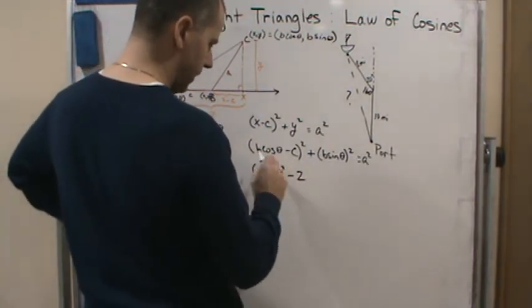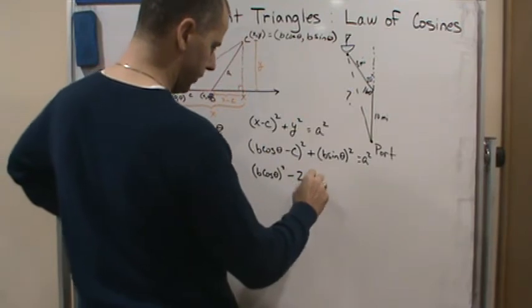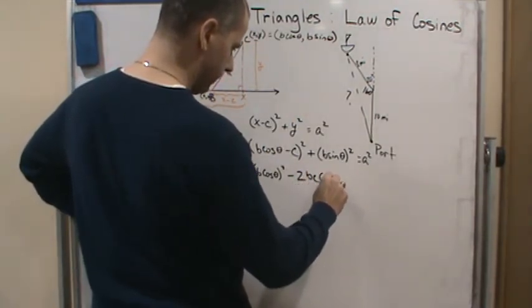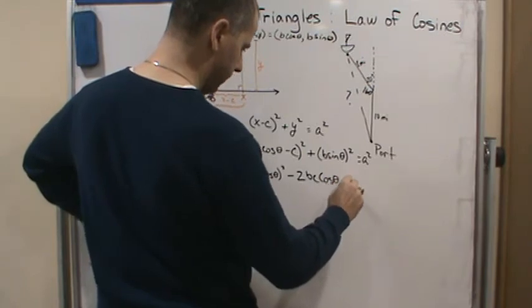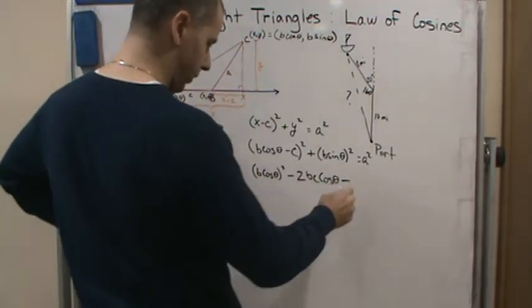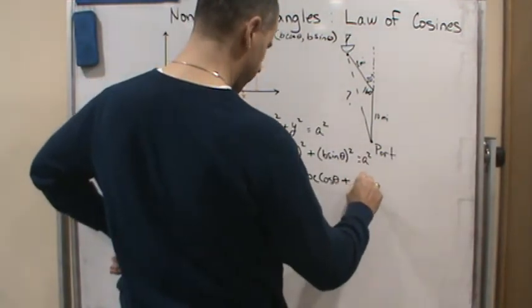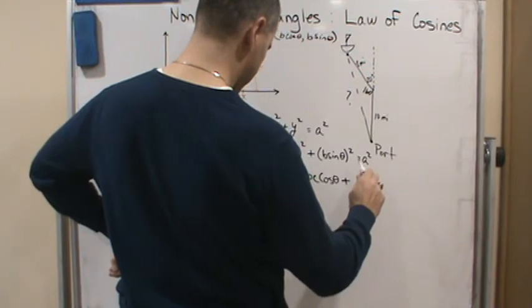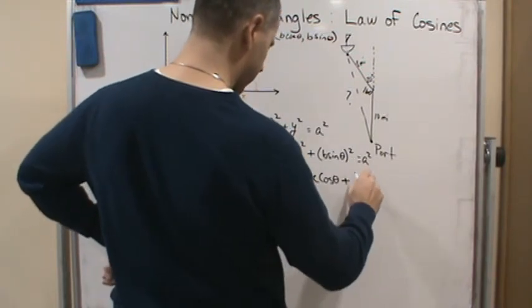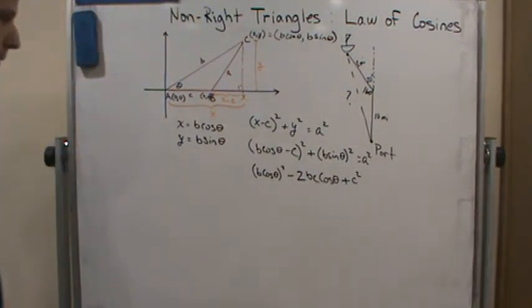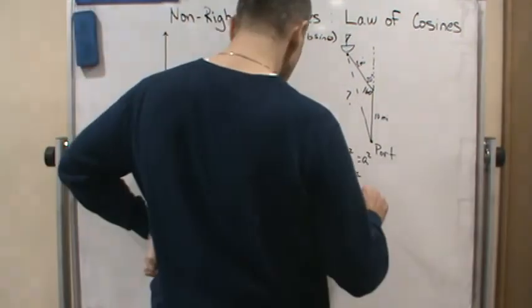So it's going to be 2 times the product of the 2, so 2 times bc cosine theta, minus, or in this case plus, c squared.